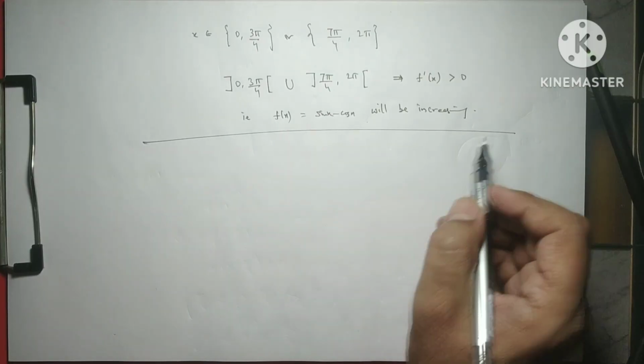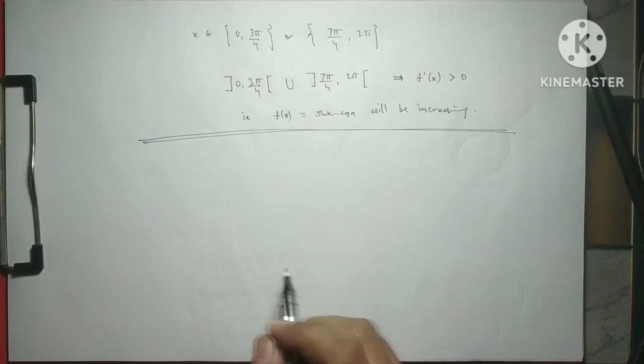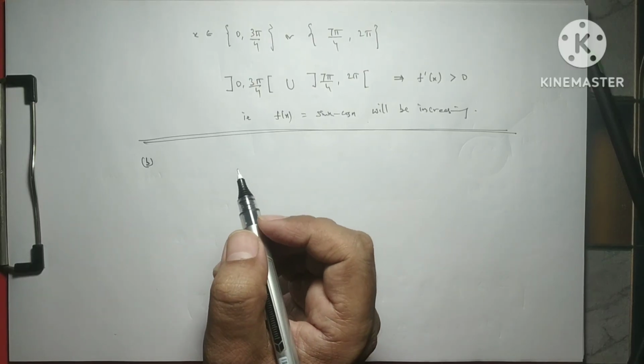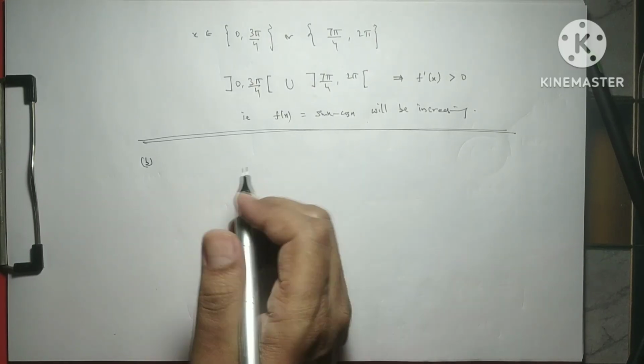Right? So for decreasing, we want right now the interval at which the function is decreasing.